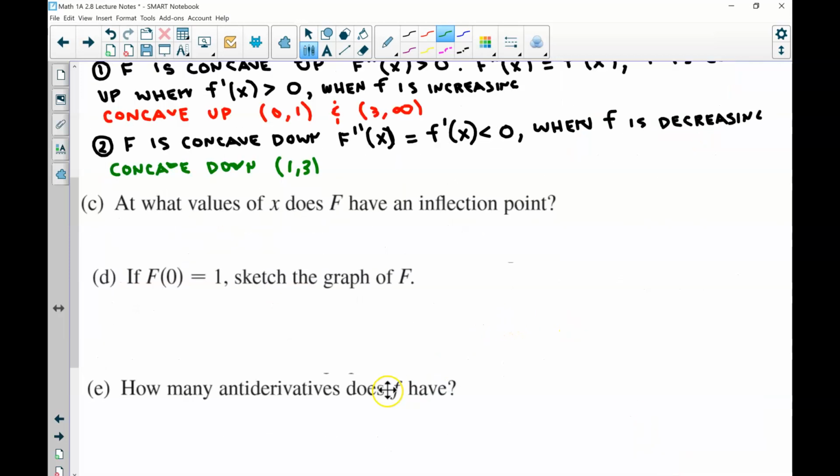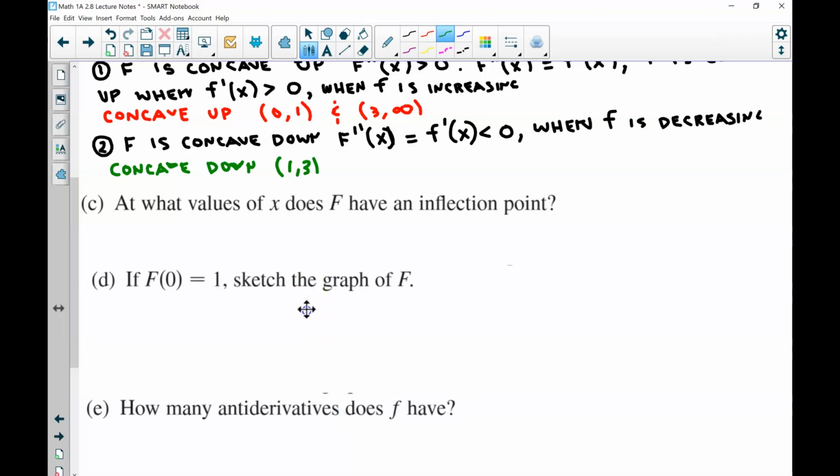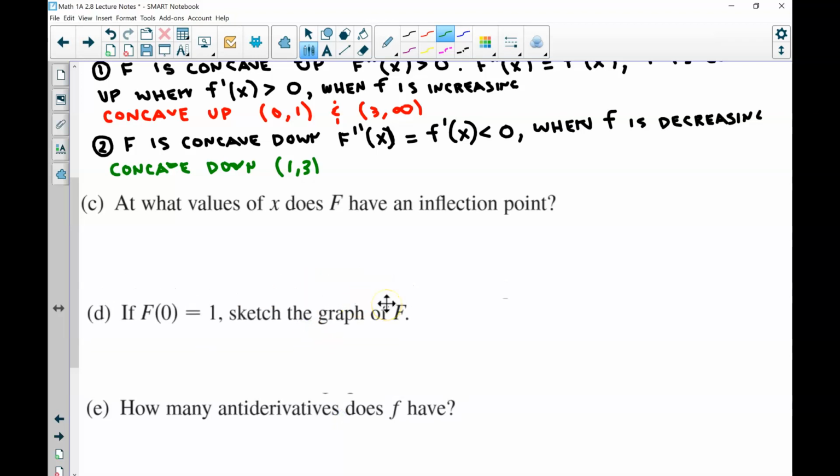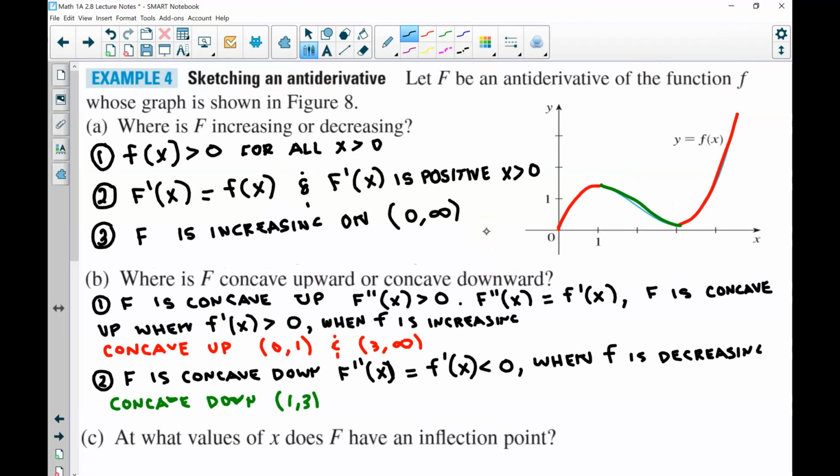Okay, so now it says, what values of x does f have an inflection point? Now remember, the inflection point is where the concavity changes. So from part B, we know that f changes from concave upward to concave downward at x equals 1. So f has an inflection point there, and then f changes from concave downward to concave upward when x is equal to 3. So let's take a look here.